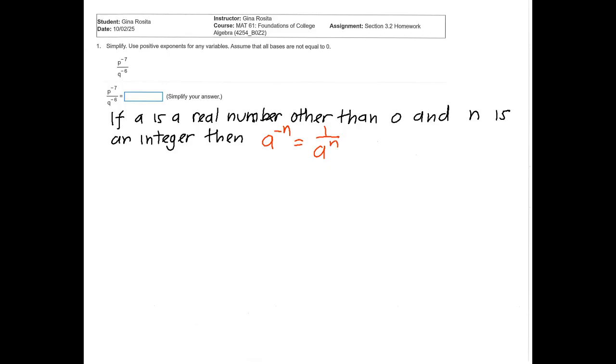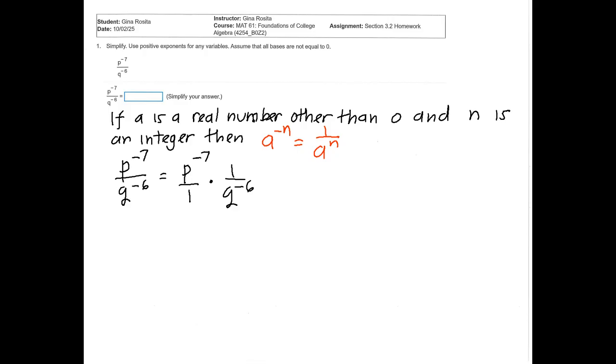Okay, so now our problem is p to negative 7 over q to the negative 6. So we can write down p to negative 7 over 1 times 1 over q to the negative 6.